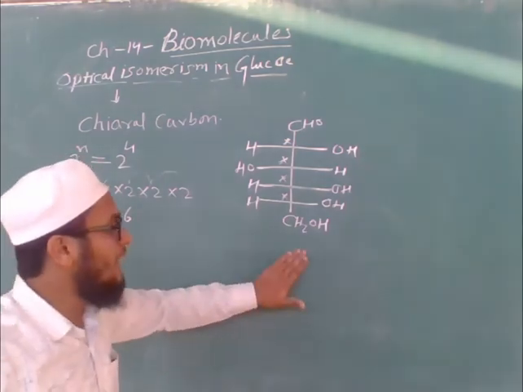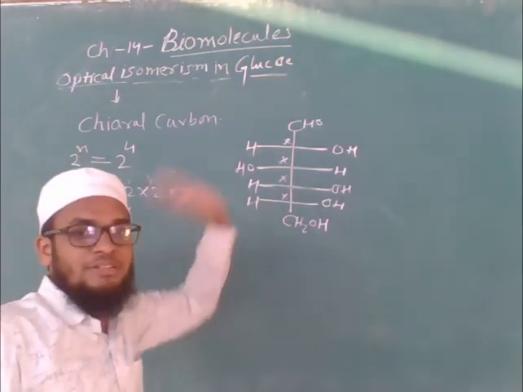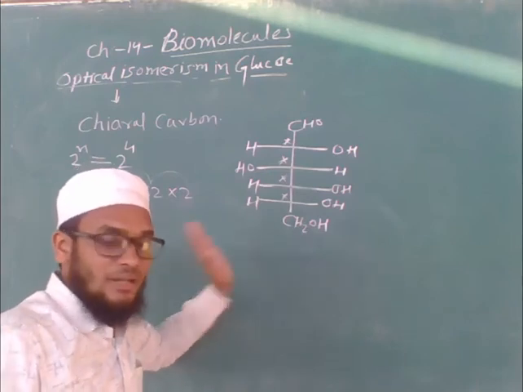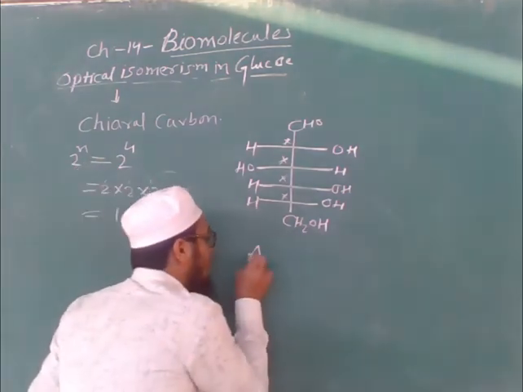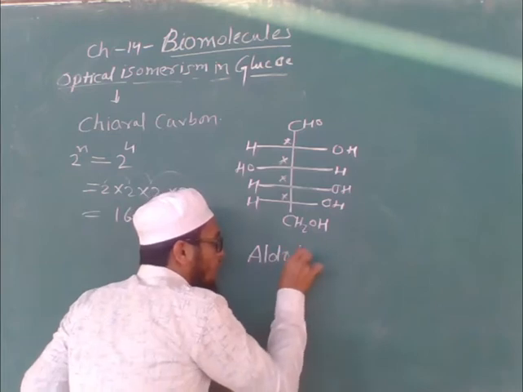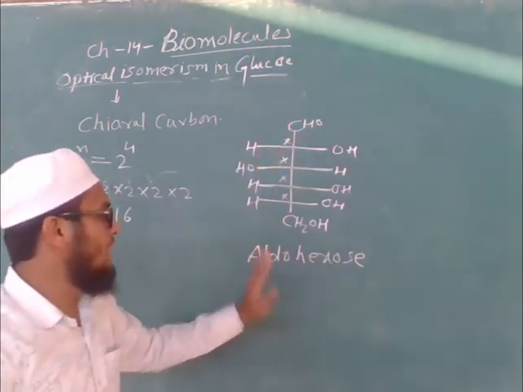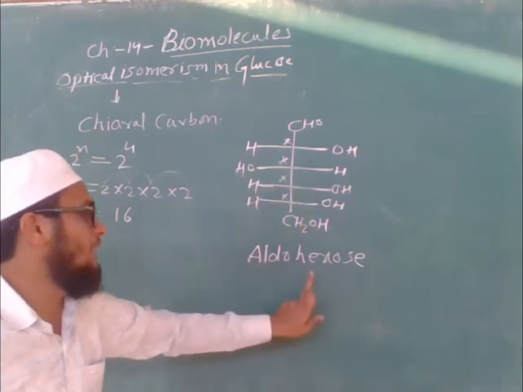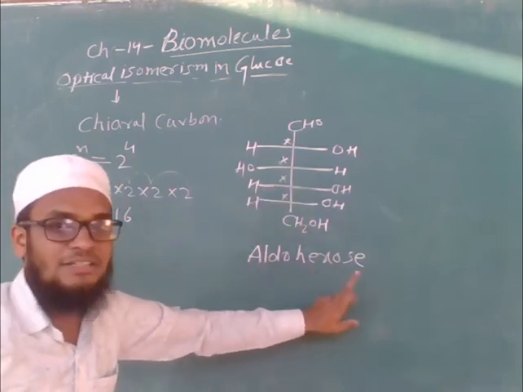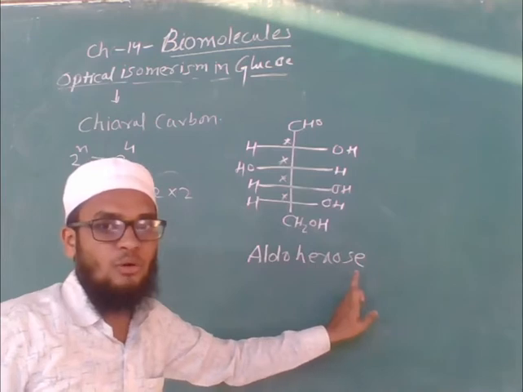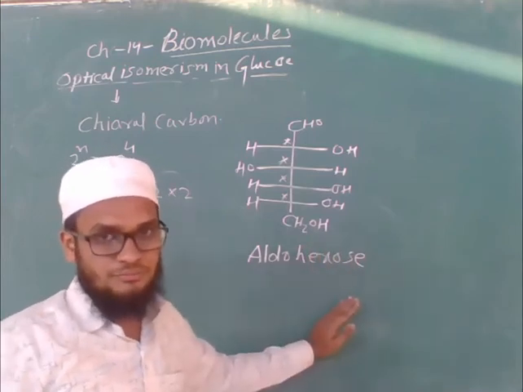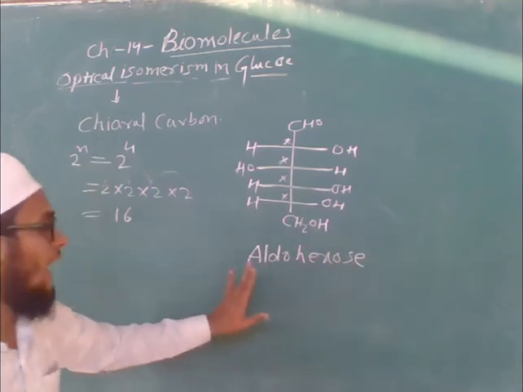In general, suppose I don't know its name, so what will I name it? I will name it in IUPAC as aldohexose, because it has an aldehyde group, that's why it is aldo. It has 6 carbons, that's why it is hexo, and it is a monosaccharide, that's why I have written OSE, aldohexose. Okay.